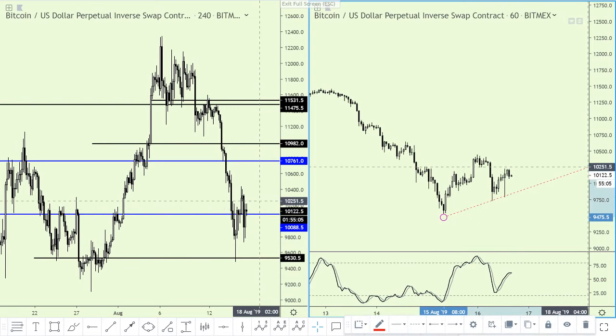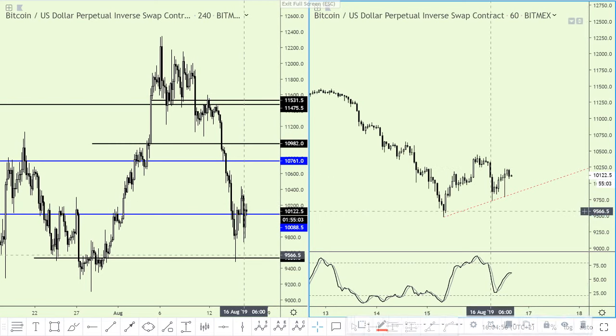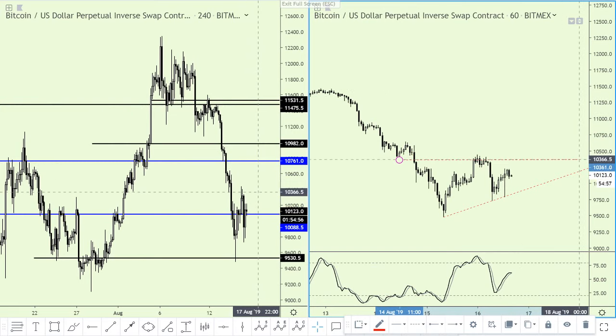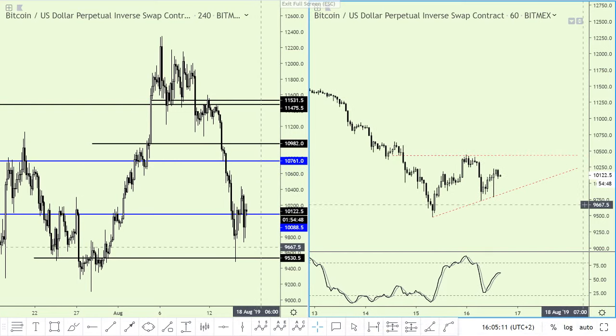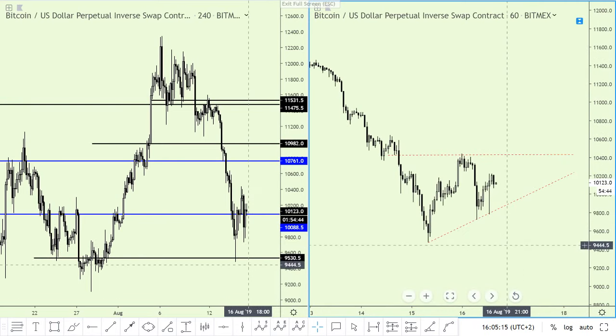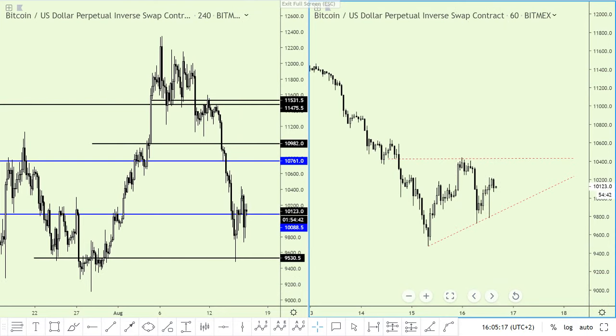Patterns like the continuation patterns, reversal patterns, such as this ascending triangle that could be forming right now. So anything that practically doesn't use indicators, but only price alone, is considered to be a form of price action trading.